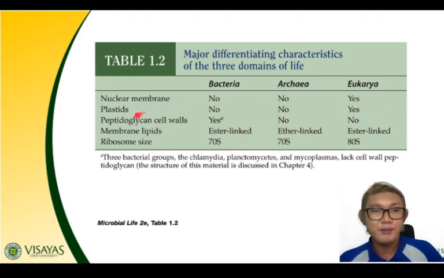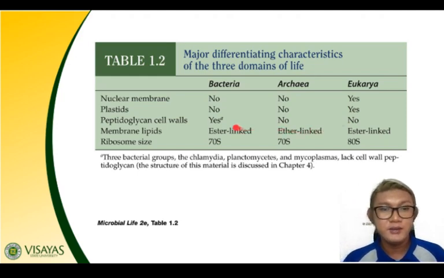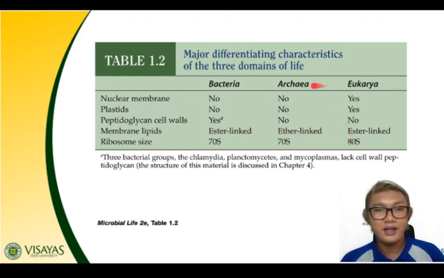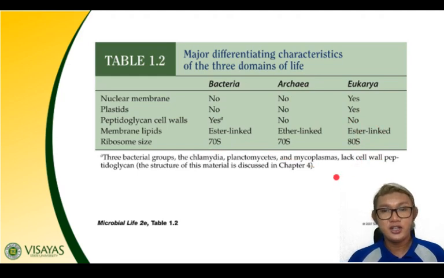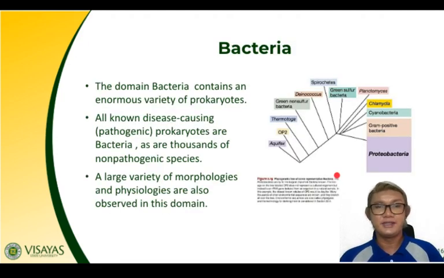In the case of peptidoglycan cell walls, yes, there are in bacteria, but not in eukarya and archaea because they have different cell wall composition. In terms of the membrane lipids, the archaeans differ from eukarya and bacteria. In terms of ribosome size, eukaryotes have larger ribosomes.